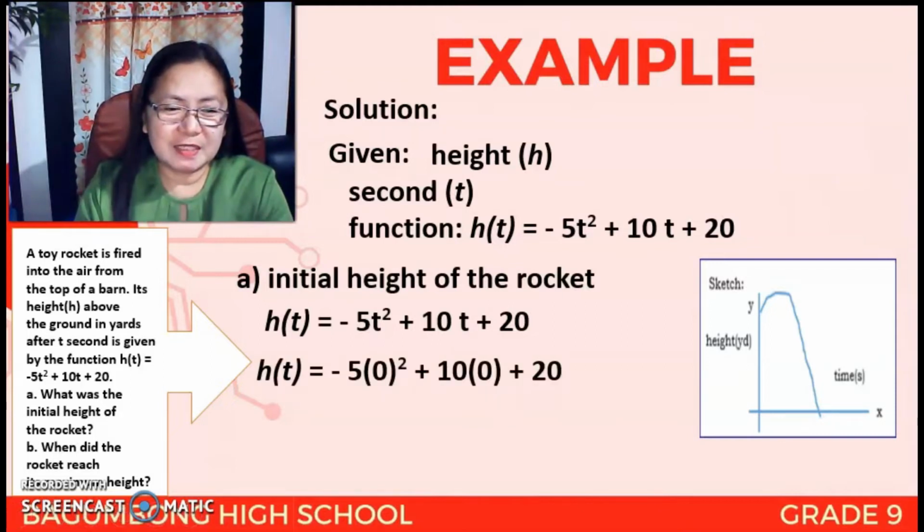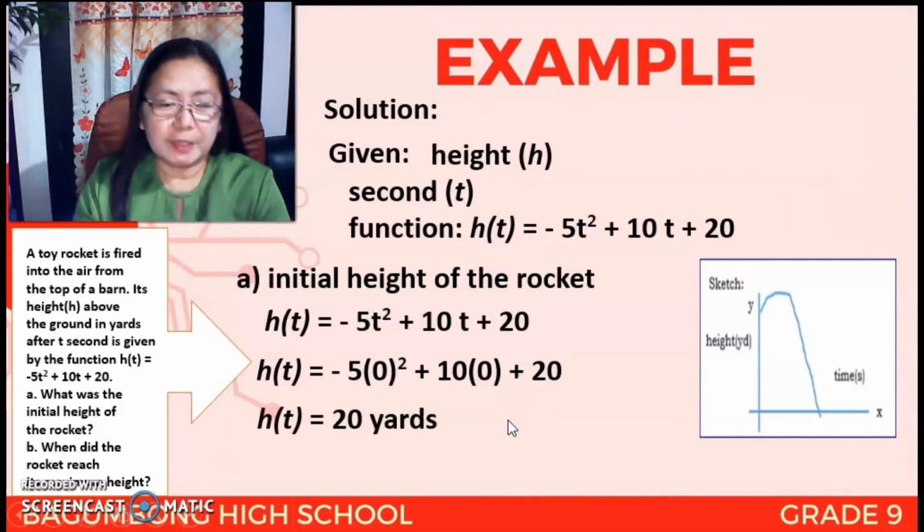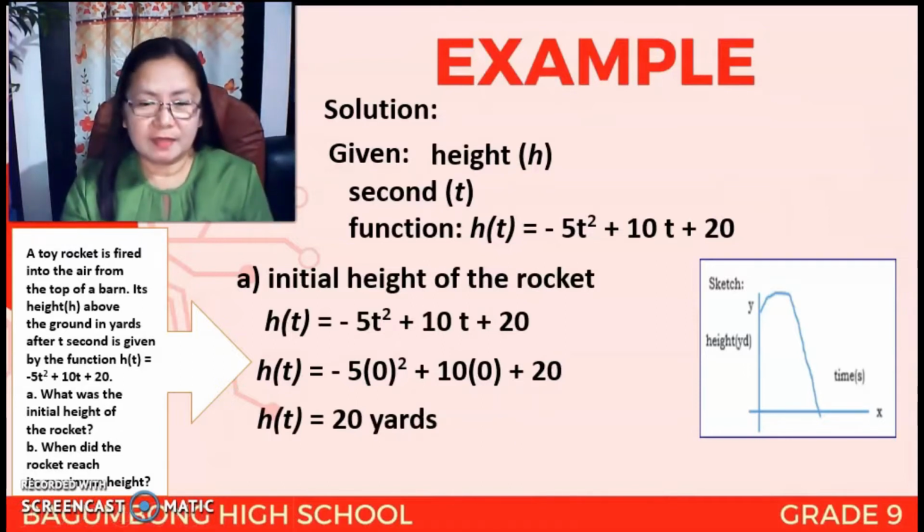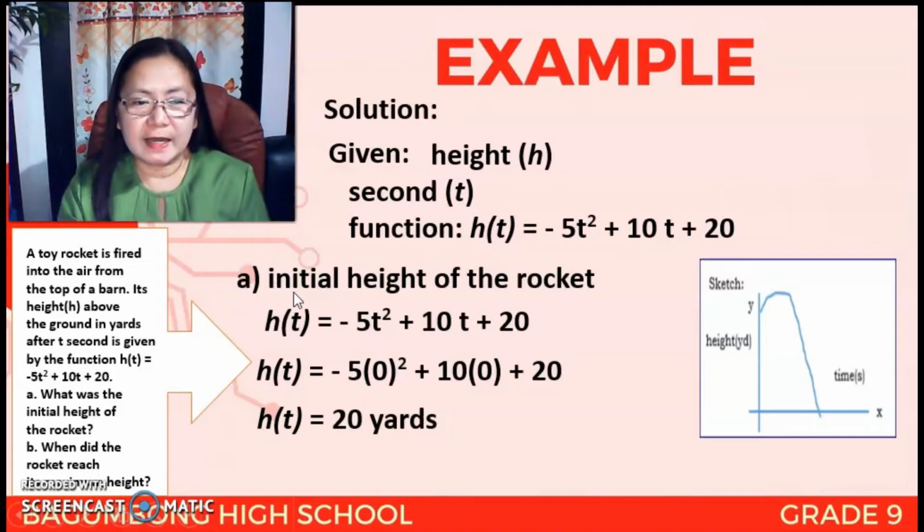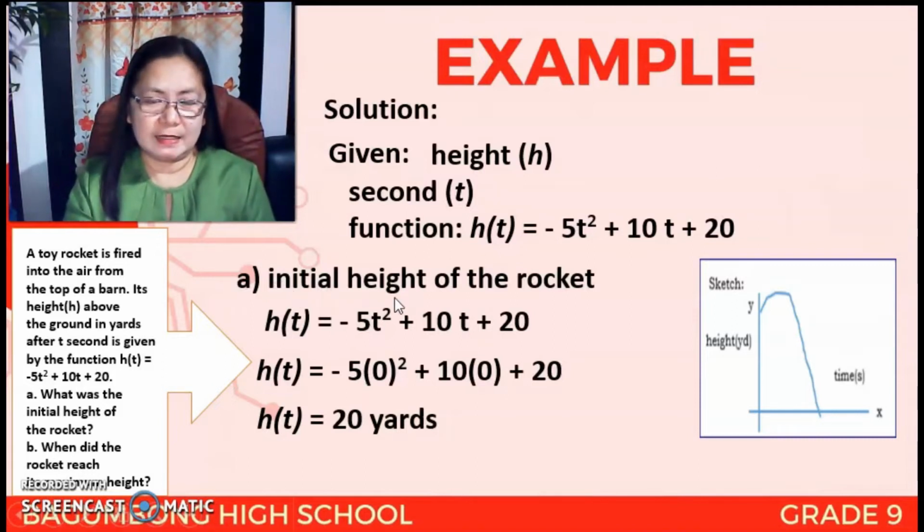So h of t is equal to negative 5 times 0 squared plus 10 times 0, since t is equal to 0, plus 20. So 0 squared is 0, times negative 5 is 0, plus 10 times 0 is 0. You still have 20. So h of t now is equal to 20 yards. So that is the initial height of the rocket.